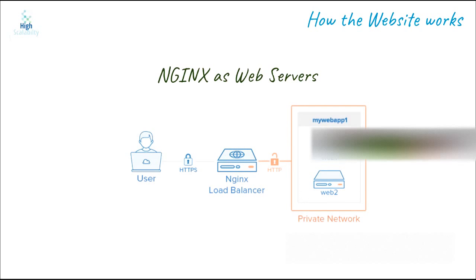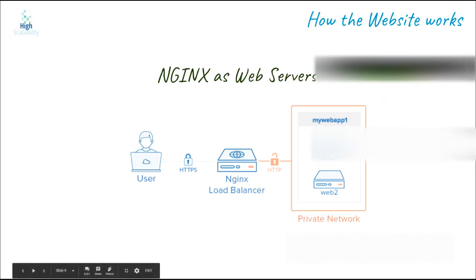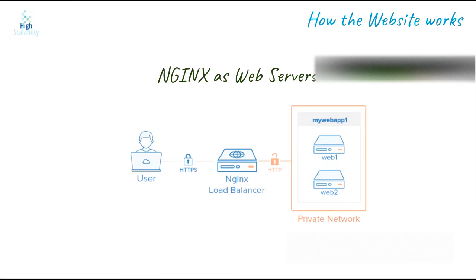Let's say the user accesses the address. The load balancer gets the request and removes the secured layer, and it identifies the internal private network and routes the request to the corresponding server.